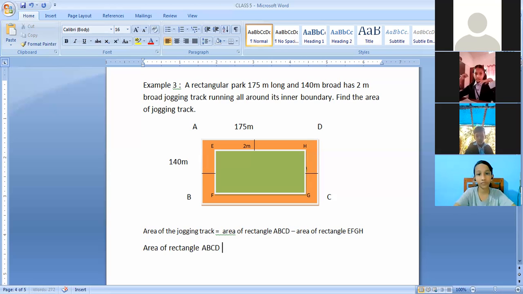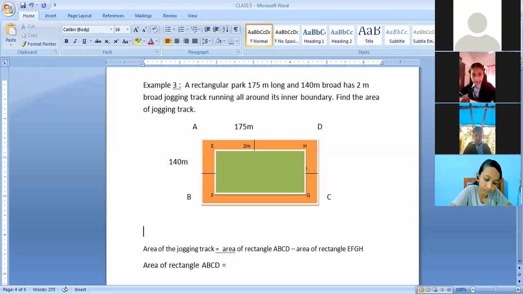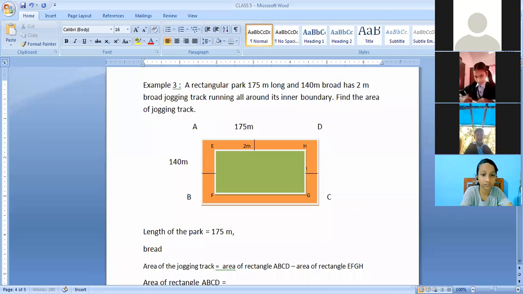We know its length and breadth, right? What is the length of the park? It is given there. It is 175. Very good. Then breadth, 140 meter. 140 meter breadth of the park.